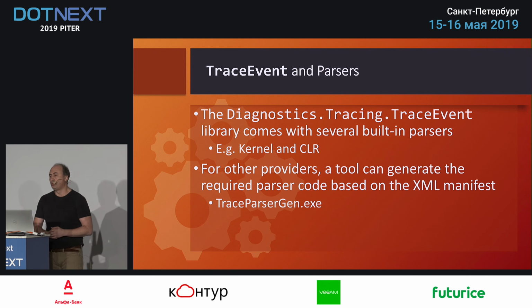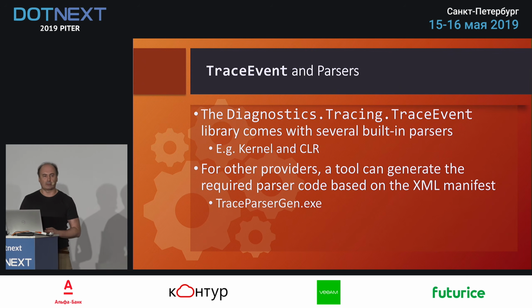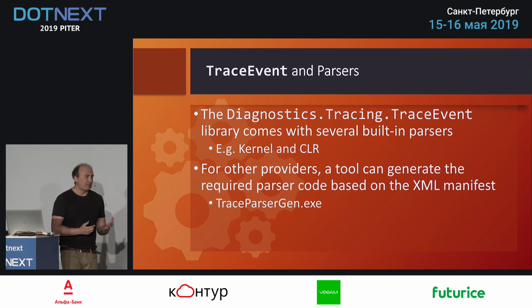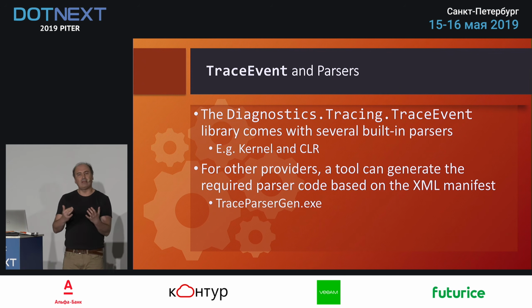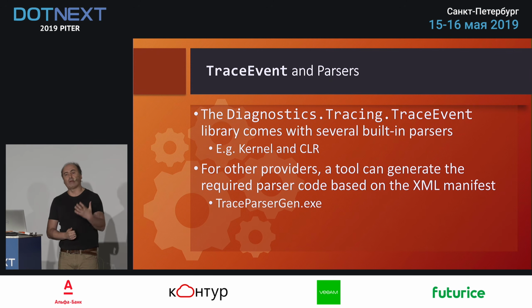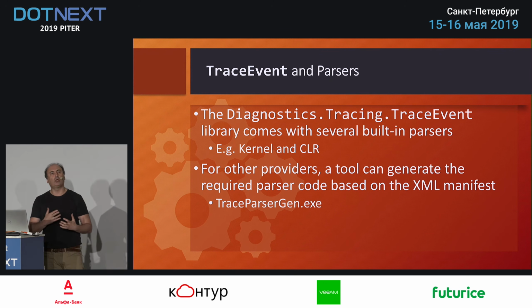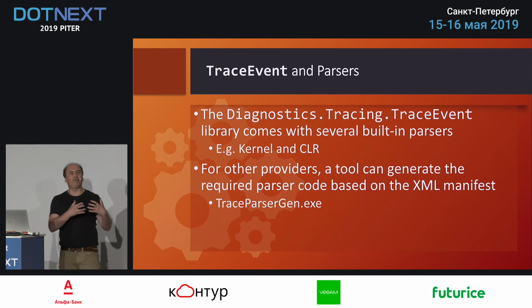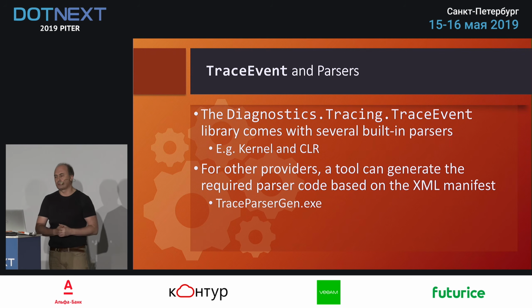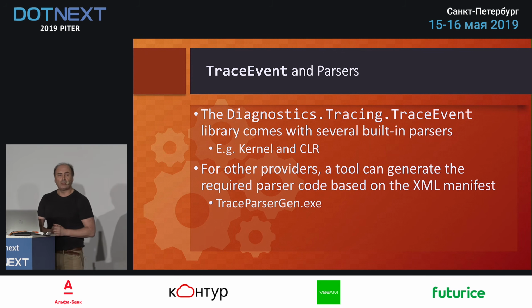So what happens if you want to create your own parser? The classic way is just to say, okay, there's a base class for all parsers, so I can derive from that, and then just do some fairly boilerplate code to map generic events to specific events to have my own wrappers. But fortunately, I don't actually have to do that.